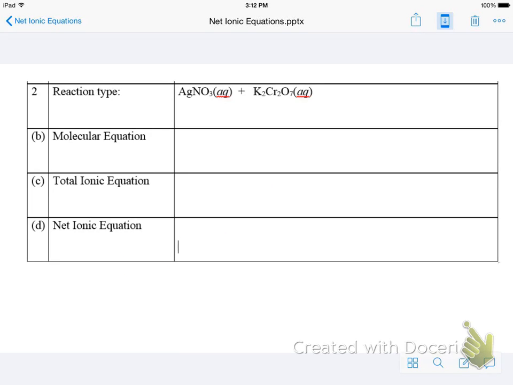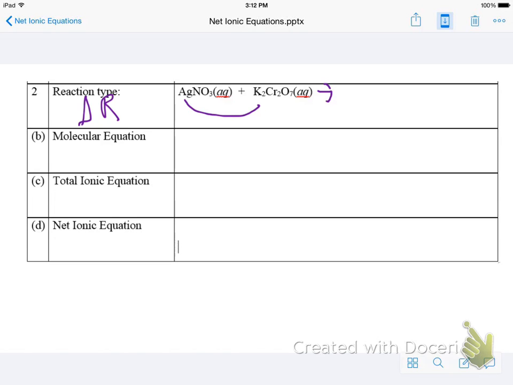We have 4 examples to work with. So let's think about the reaction type. It's either a precipitation reaction or an acid-base. And I don't see H's or OH's, so this is going to be a direct replacement precipitation reaction. If I look at what's going to happen, the silver and the potassium will switch places.